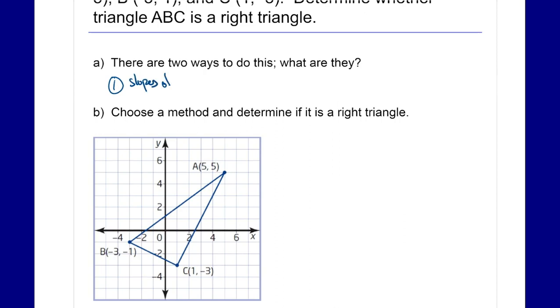So slopes of two lines are perpendicular, that idea of the negative reciprocals.